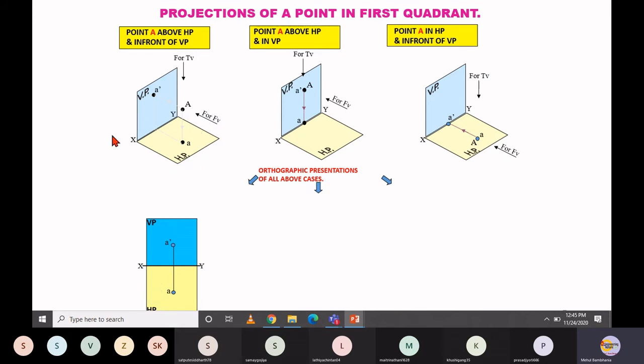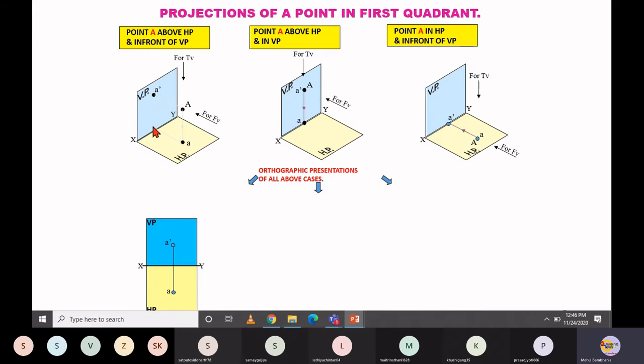Now just look at this conceptual diagram for the first case. See, in the first case this front view projection appears as mentioned by A dash, and that A dash has a height of this much. This height is how much above HP is given in the statement.